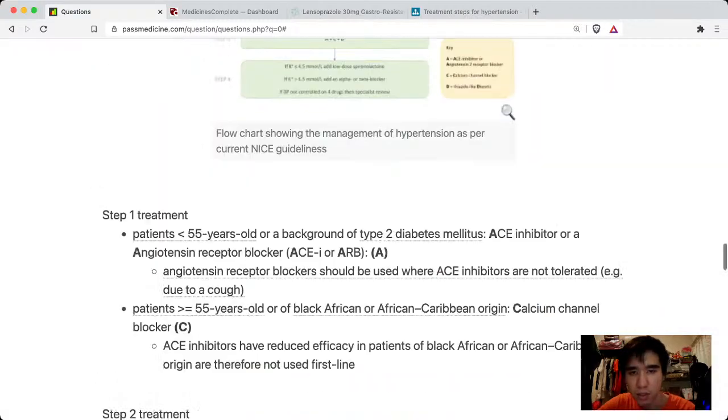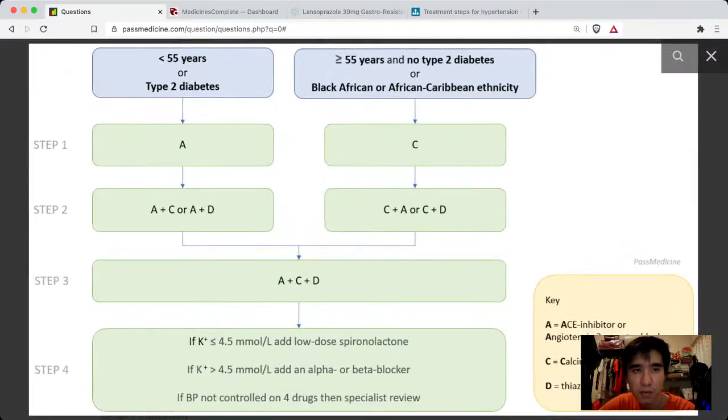And the drug treatment is here. Less than 55 years or type 2 diabetes, start with ACE inhibitor or ARB. More than 55 years or type 2 or no type 2, start with calcium channel blocker, then add ACE or diuretics. And then you want to have a full house of ACE, calcium channel blocker, and diuretics.